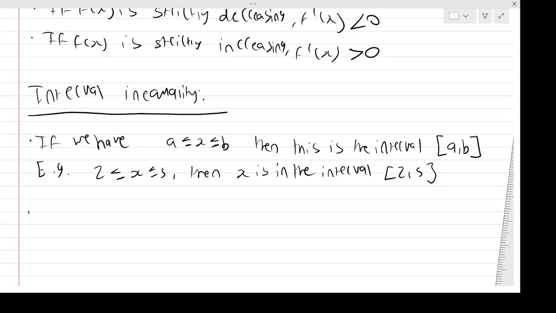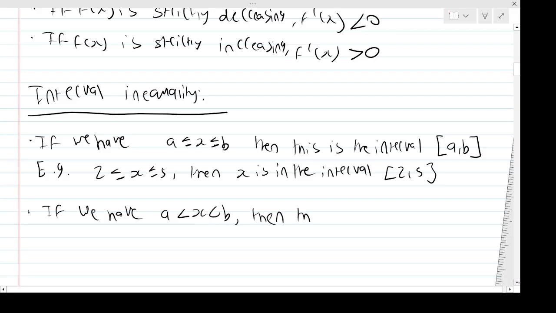And again, this goes back to our idea when I talked about strict inequalities, because with this interval notation, we can also write down strict inequalities. So what if x wasn't equal to a or b? If we have a strictly less than x and strictly less than b, then this is the interval (a, b) with round brackets, okay?